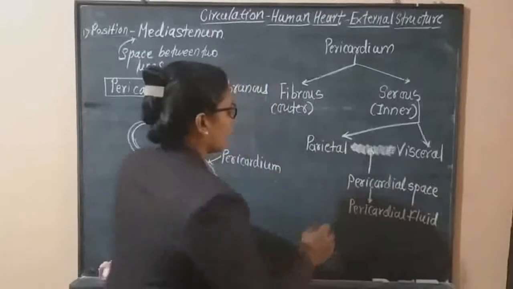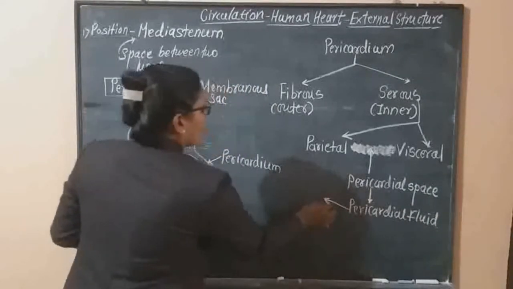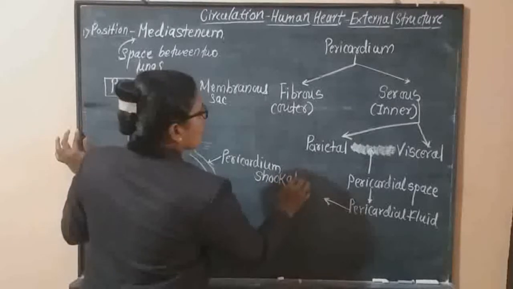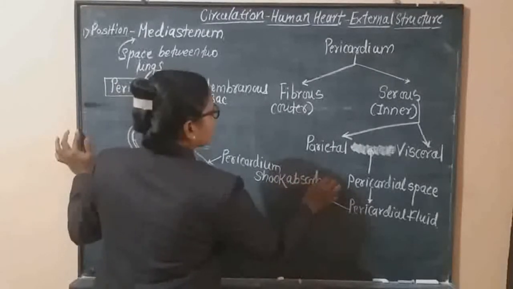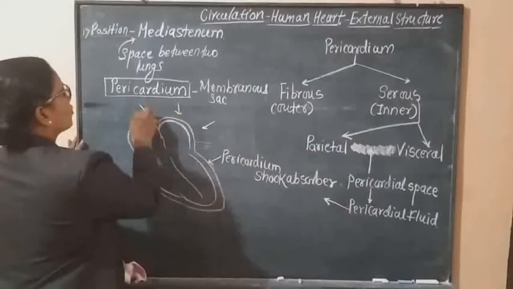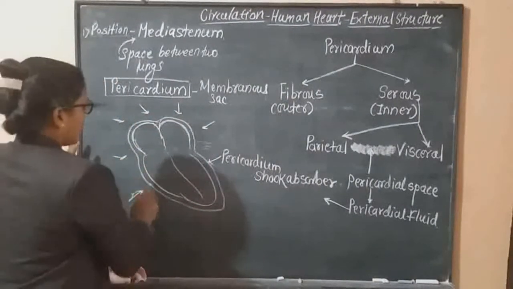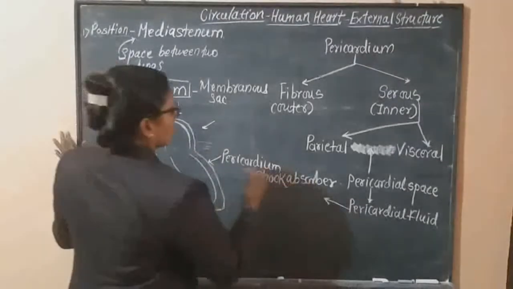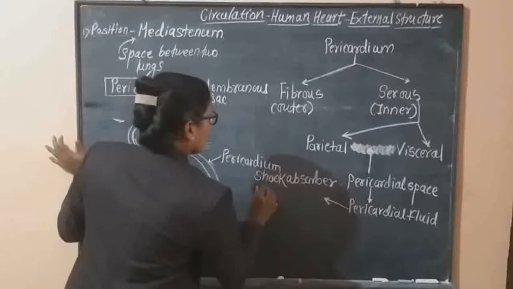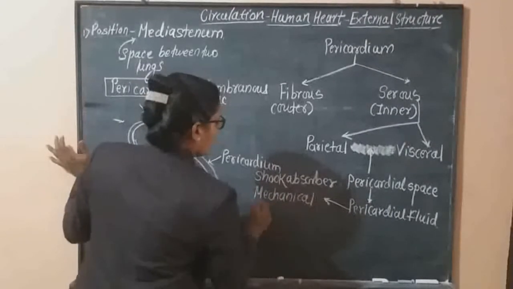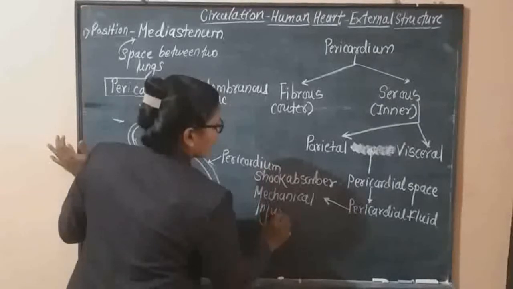Now this fluid is very important because it acts as a shock absorber. If there is any mechanical shock to the human heart, this pericardial fluid absorbs the shock, and it also protects the human heart from mechanical injury.